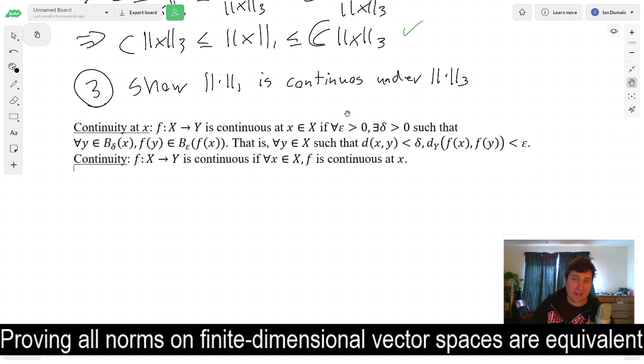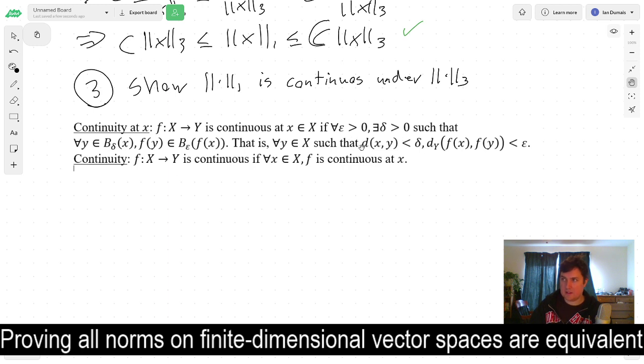So if I give you an epsilon, it can be super tiny, like 0.001, there's got to exist some other number, delta, such that... Actually, I'm going to skip this first part with the balls, so I don't have to talk about it. D is just a distance. A norm acts as our distance in this case.